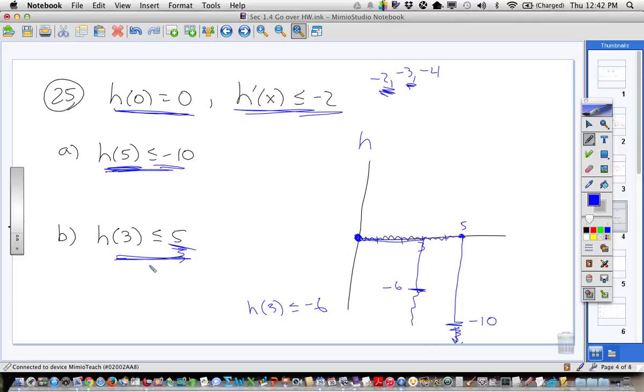This is the fun one. This is saying after 3 hours of going 2 miles an hour to the west, you are, what's less than mean? Further west. You are further west than 5 miles east, are we?